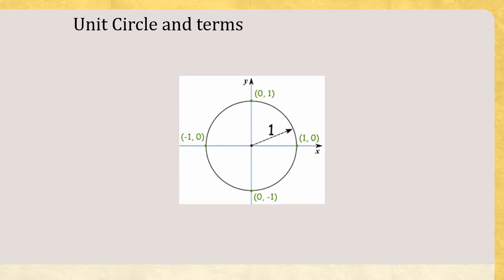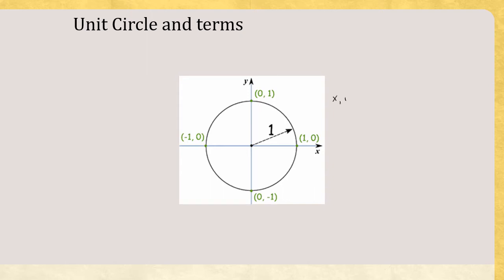You can actually get any coordinate along that unit circle using cosine and sine. So the first thing I'm going to add here, we'll use black. Any coordinate along that unit circle has coordinates x and y.